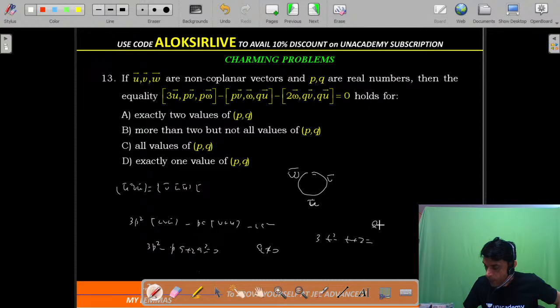But the discriminant of this equation is B square minus 4AC, that is negative, and so T can't be real. But P and Q are real, so T has to be real, right? So contradiction achieved. So the only possible value of PQ is given by 0, 0. Origin 0, 0. So you will get that.